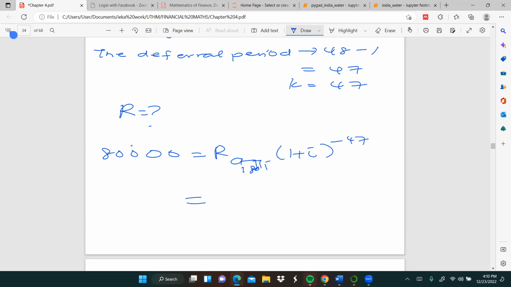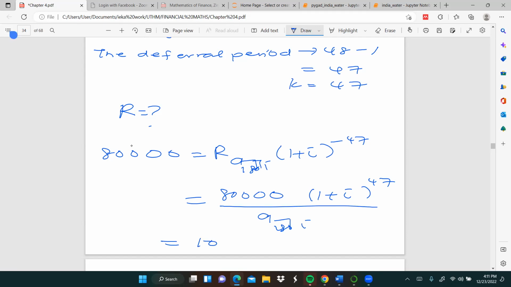So you just put inside the formula and you will find out that our recurring value, the monthly value that she received, is 1,044.76.